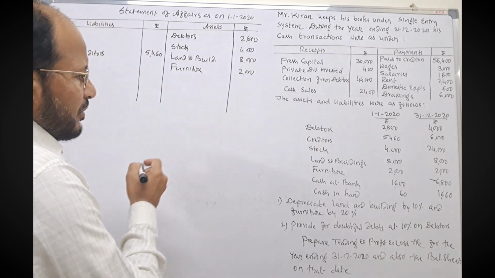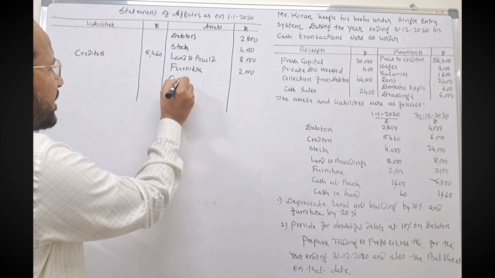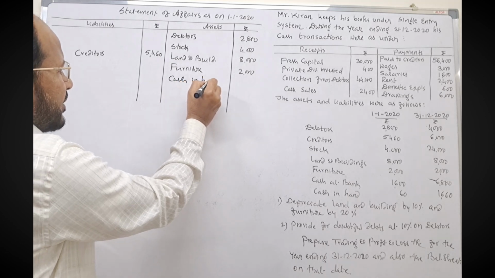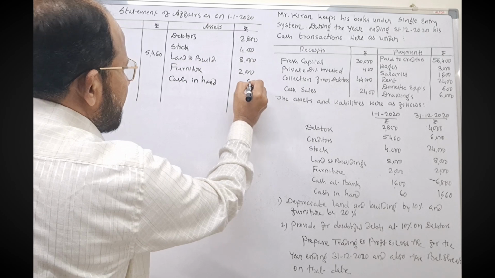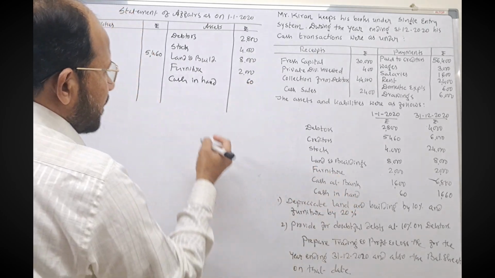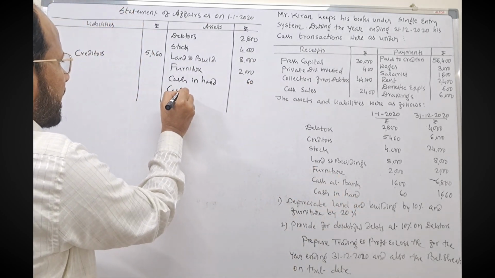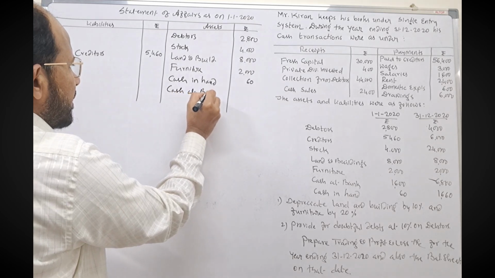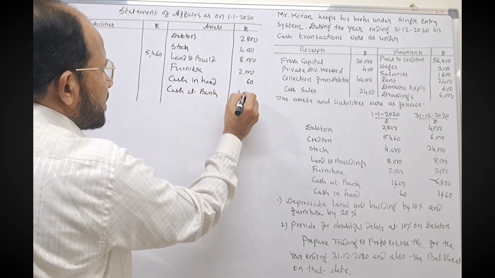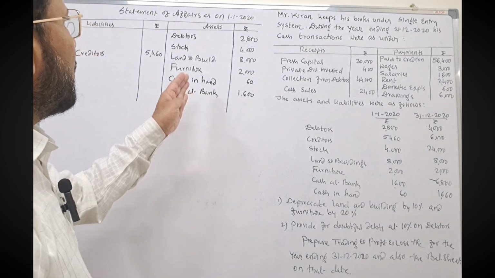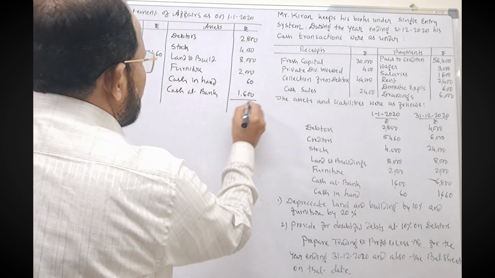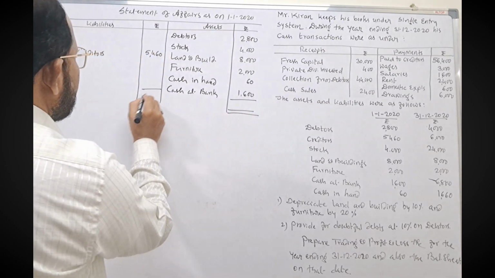Next, cash in hand. This is an asset, we show it on the asset side. Rupees 60 is given. Next, cash at bank, 1,600. Nothing else. Now we have to close this and find out the missing figure.